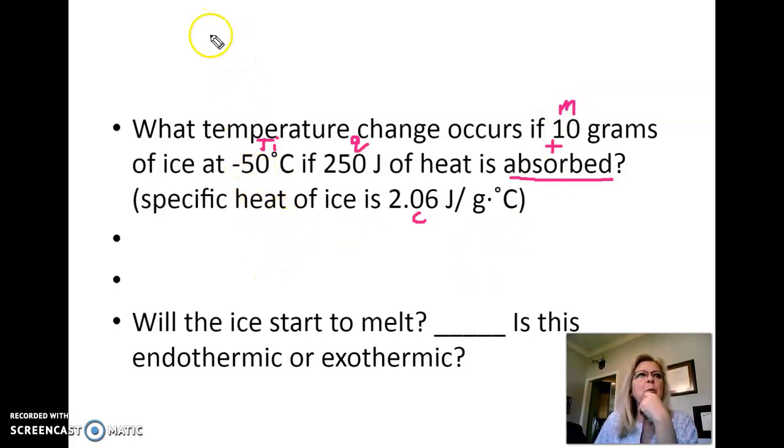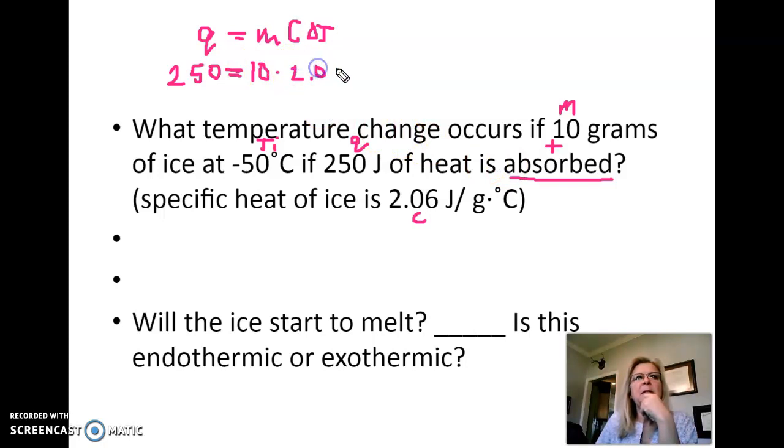Okay, so we're going to do this in two parts. The first thing we're going to do is use Q equals M times C times delta T. Okay, and so we're going to plug in our numbers. 250 equals 10 times 2.06, and we are going to solve for delta T. Remember, delta T is the change in temperature.